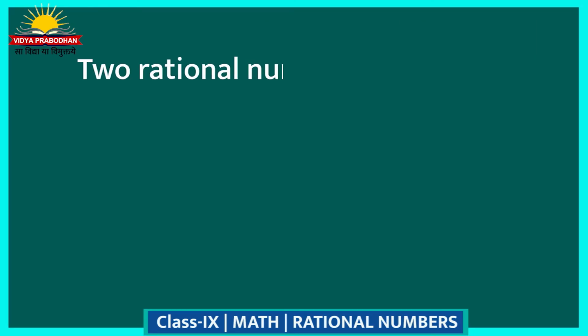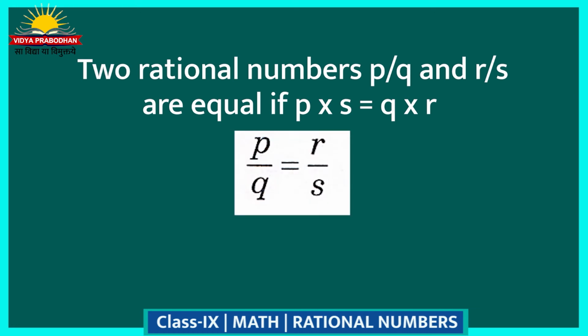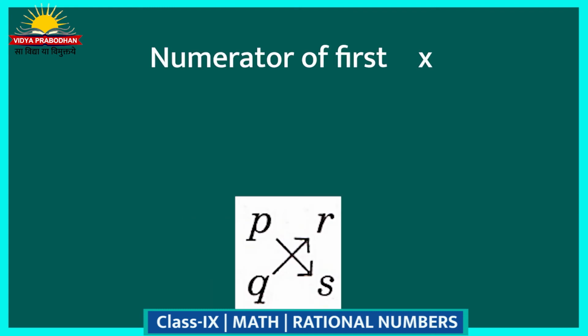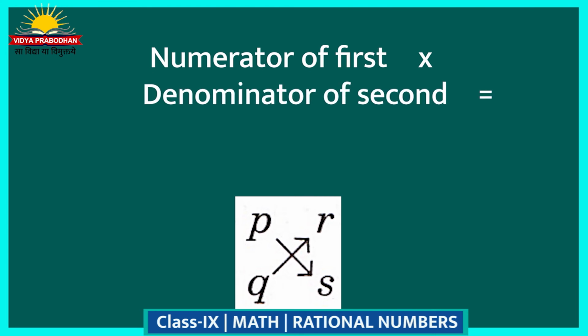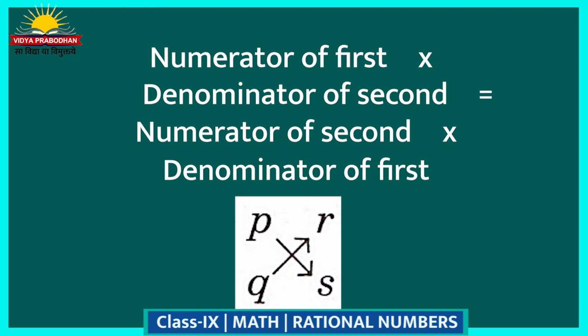Let's explain this. Two rational numbers p by q and r by s are equal if p into s equals q into r. That is, p by q is equal to r by s, which can be written as p into s is equal to q into r. That is, numerator of first into denominator of second is equal to numerator of second into denominator of first.